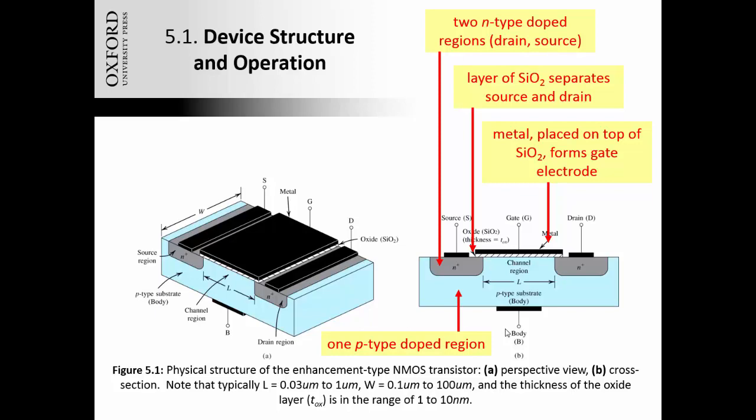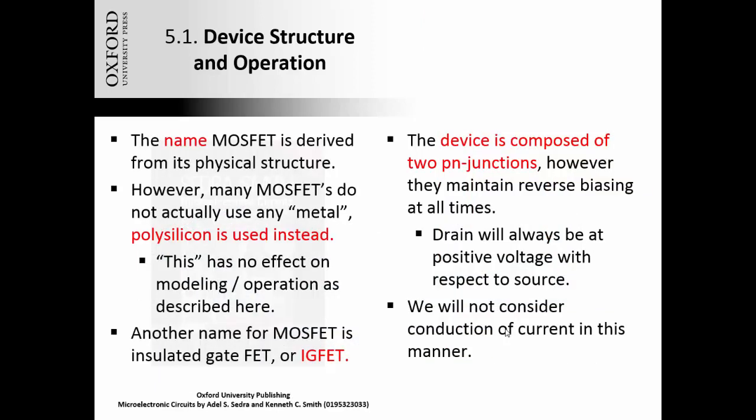Okay, I think I've mentioned all of these already, so let's move on. All right, the name MOSFET is derived from its physical structure. However, many MOSFETs these days don't actually use any metal. They use polysilicon instead. So the gate electrode there that was traditionally metal now uses what is known as polysilicon, but the name has stuck.